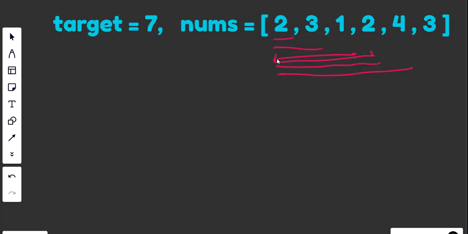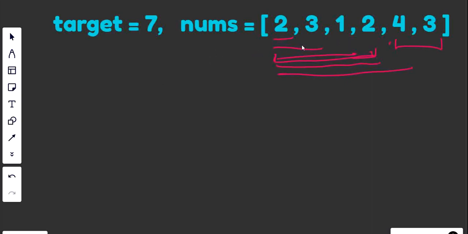If we use this approach, after a point of time the sum is going to become greater than our target, and after that point the sum will keep on increasing, and so will the subarray's length, and we don't want that. What we want is that the sum is equal to or greater than target, but the length of the subarray should be the smallest one, the minimum one.